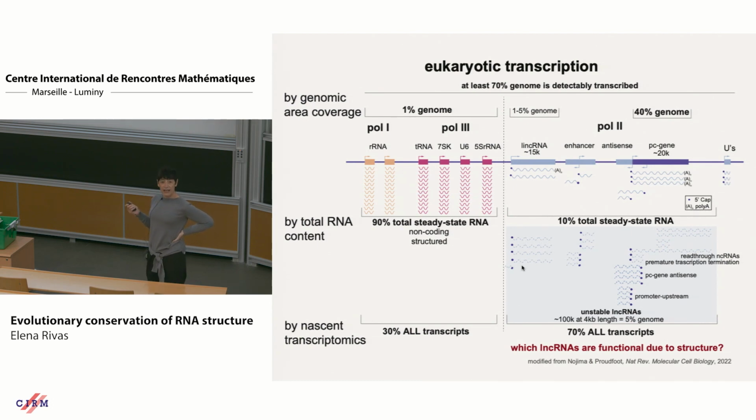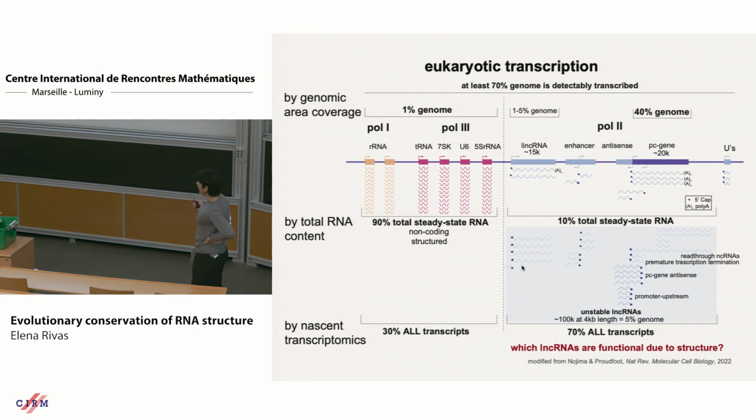All the RNAs that you have in the CASP or puzzle competitions, unless they are synthetic, are probably falling here. And these are all the well-known structural RNAs. Then you have transcription by polymerase 2, which includes all the protein coding genes. In terms of genomic coverage, all these RNAs cover less than 1% of the genome, while protein coding genes cover at least 40% of the genome.